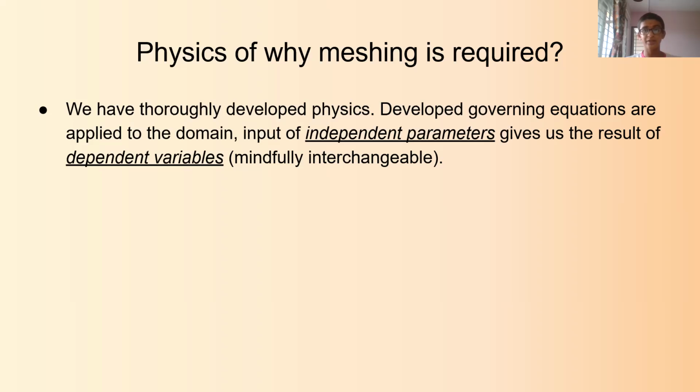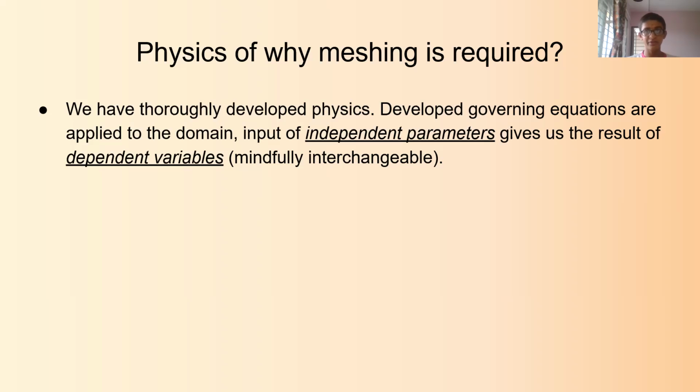Then the user will also provide the material properties, such as it is a solid of steel, aluminum, gold, titanium, carbon, different kinds of alloys are also available. It's a fluid body, it's a polymer. So there are different choices available to us. So material properties come into independent parameters strictly. They cannot be dependent variables in any case.